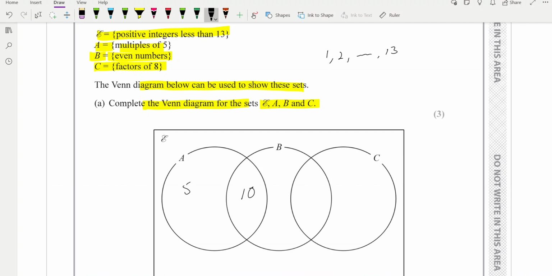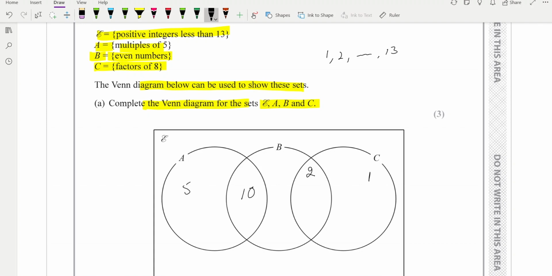Basically we can go by sequence also. If we check 1, 1 is a factor of 8, which is not an even number and not a multiple of 5, so we write 1 in C. And 2 is an even number but also a factor of 8, so we can write 2 in this common region over here.